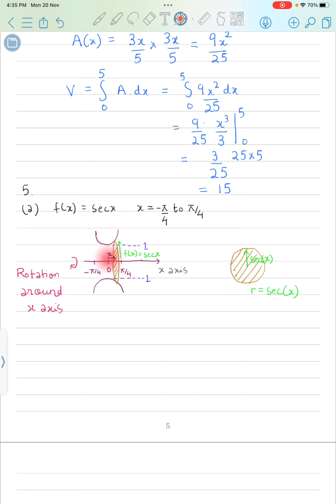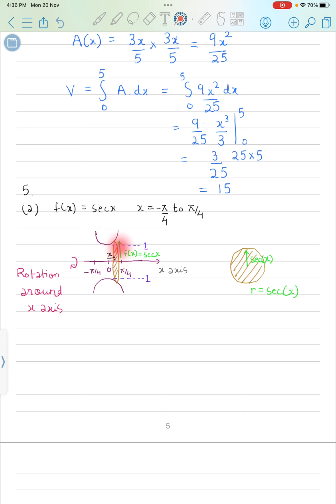So if we go till x distance here, this point's y coordinate is sec x. If you rotate it around the x-axis, you will get a circle with radius sec x.